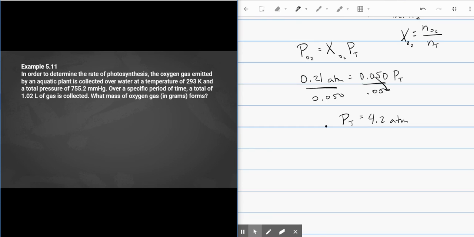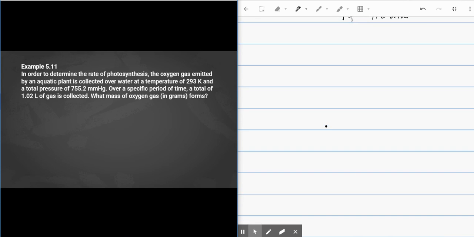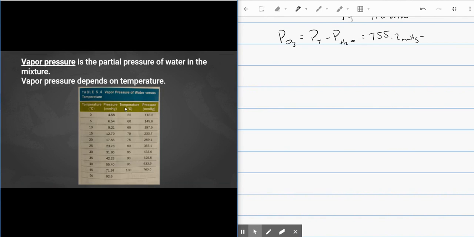This is similar to the ones that we were doing earlier. So we need to find the pressure of the oxygen, and that's going to be the total pressure minus the pressure due to H2O. The total pressure is 755.2 millimeters of mercury, and we're going to subtract the vapor pressure at 293, that would be 20 degrees.